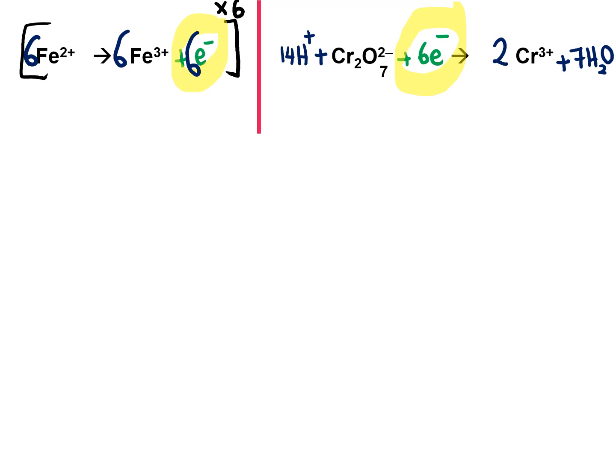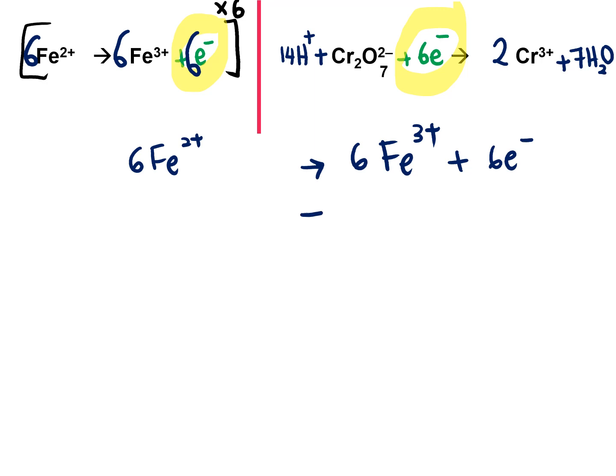So, we combine the above equation in step number 8. Step number 8, kita akan combine 6 Fe2+ produce 6 Fe3+ plus 6 electron from the first equation.